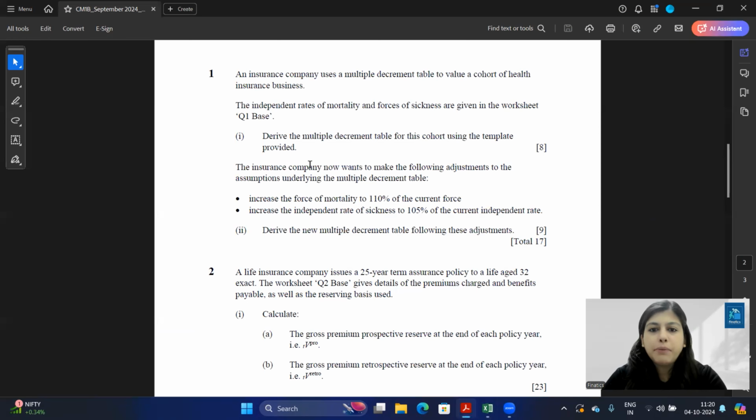The insurance company now wants to make the following adjustments to the assumptions underlying the multiple decrement table. Increase the force of mortality to 110% and increase the independent rate of sickness to 105% of the current independent rate. So just take a copy, and the new force of mortality will be 110% of the previous one, and the new force of sickness will be 105% of the previous one.